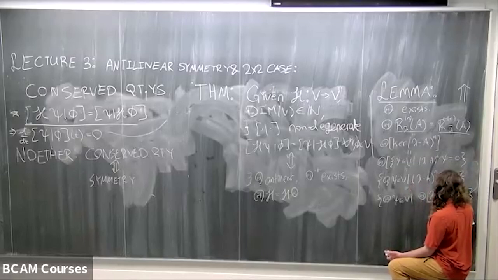Because in order for theta to map this to 0, because it's injective, that means that this is in the kernel of theta, which is 0. So I get back to that guy.